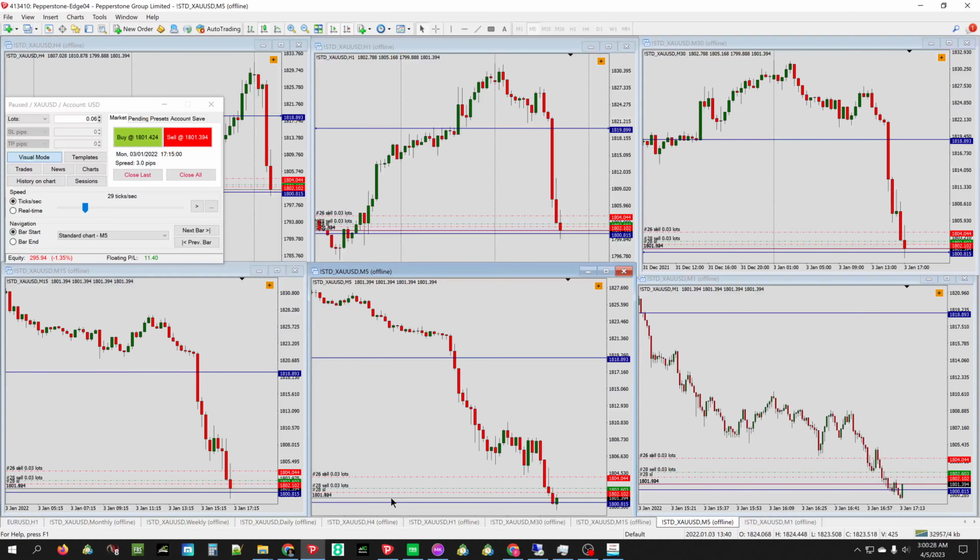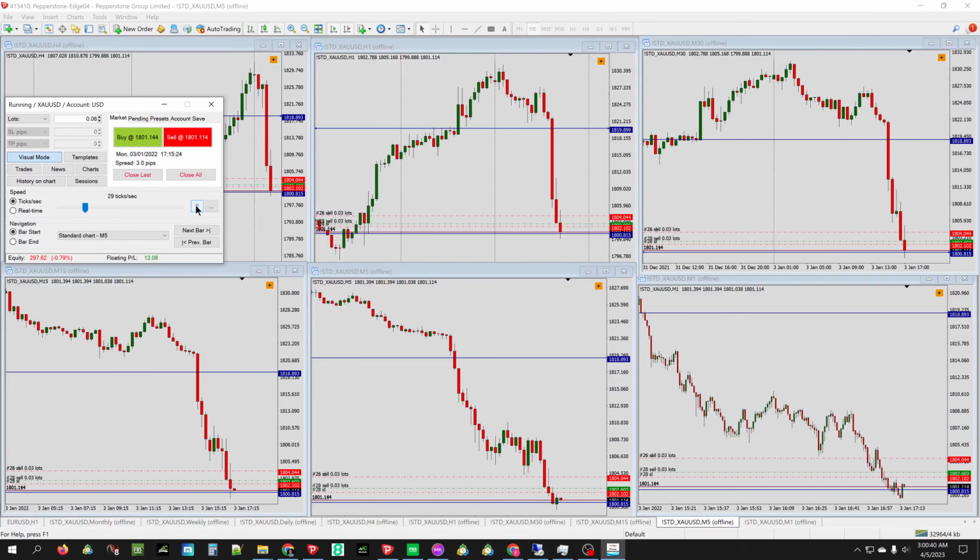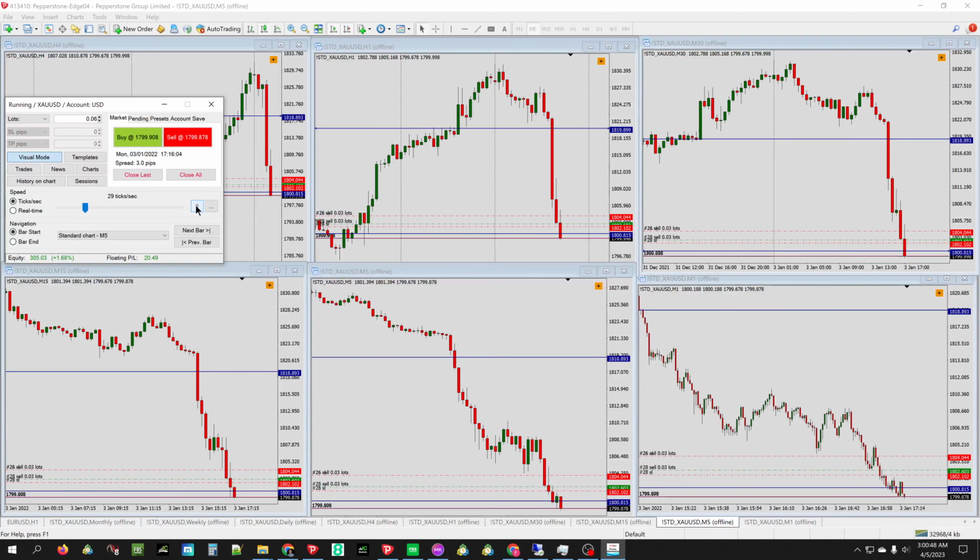If the price pushes down, I will make profits, and if price pushes up, I will not be losing a lot. So it is a win-win situation. I will take advantage of that. At 1798, I will close my B grade setup.